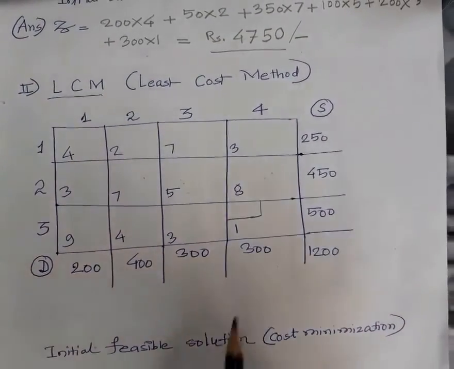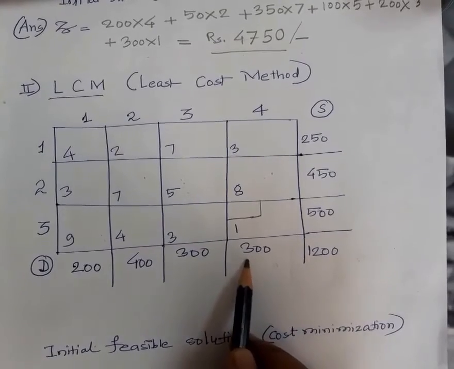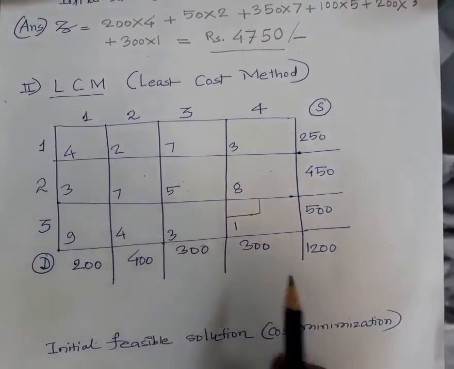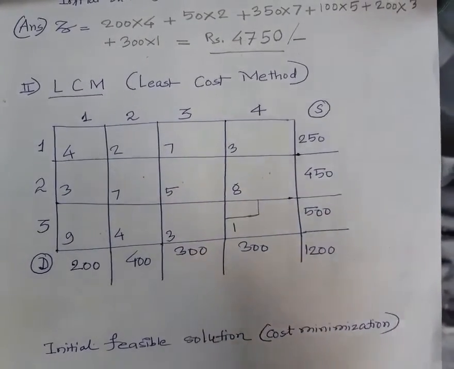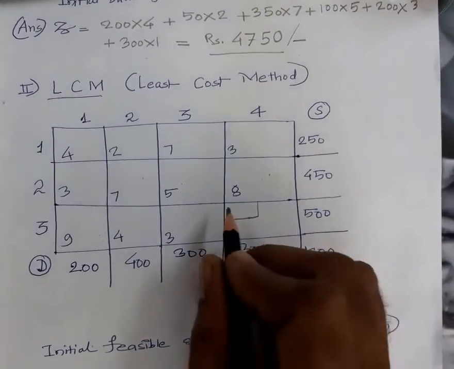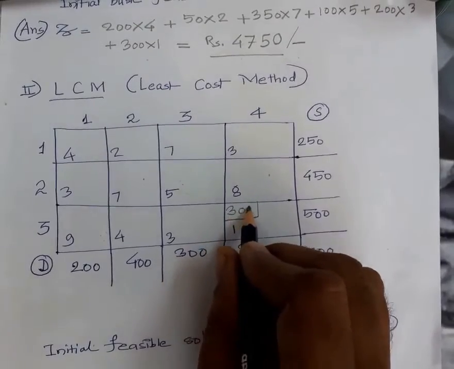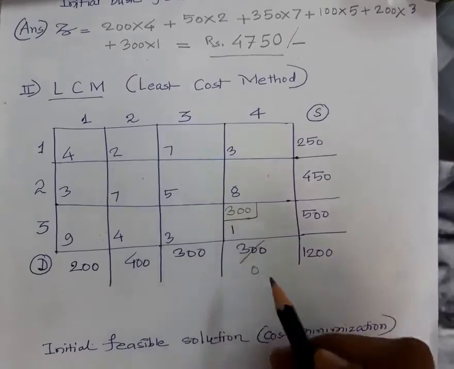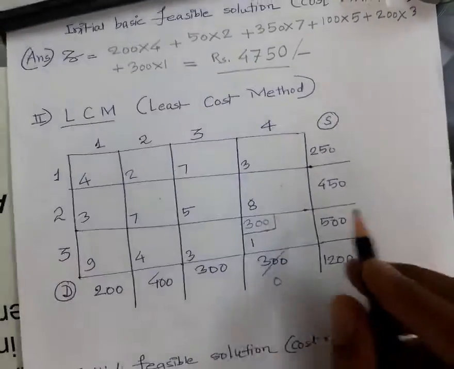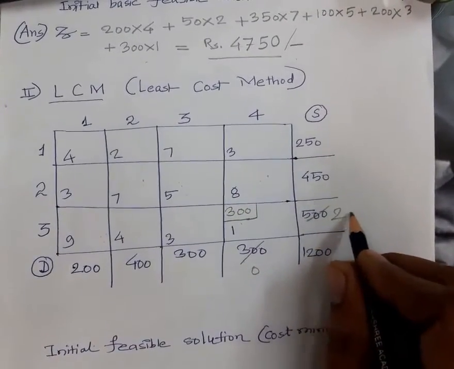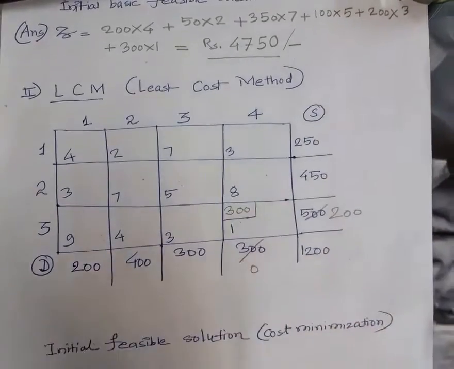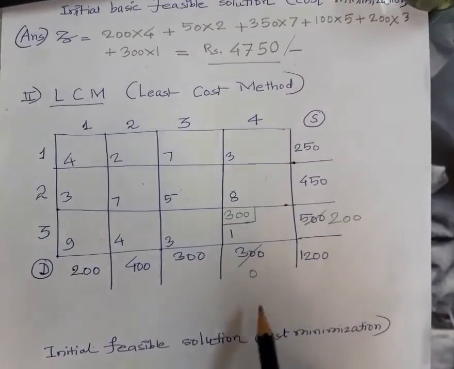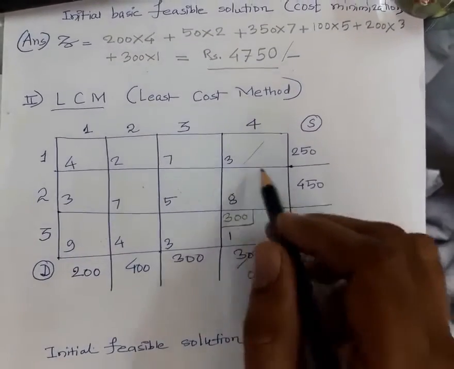Here I can allocate the minimum demand that can be fulfilled. Here 300 can be fulfilled, so that allocate 300 here. This will become 0. Now 500 minus 300 will be 200. Now the column 4th is exhausted, just delete it.